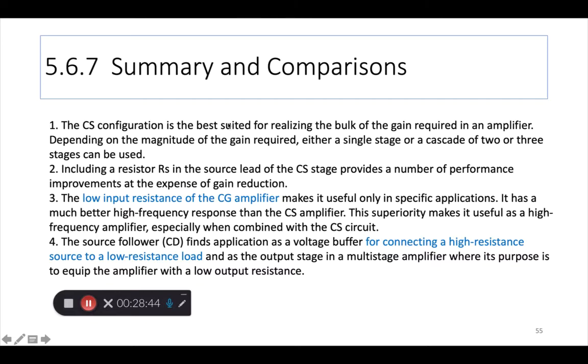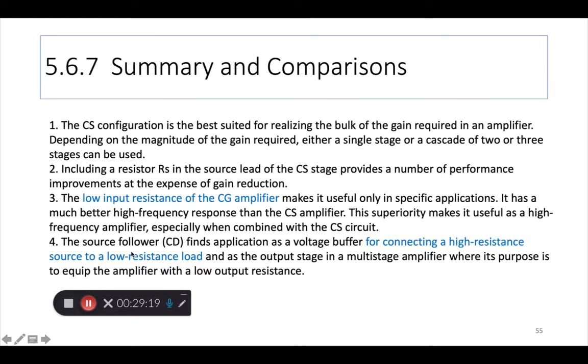But the CS amplifier can only work well when its input resistance is high, right? When the signal coming in is at a high input resistance. So you need something in the middle to match the two impedances, and that's where the CG amplifier is useful. Also, the high frequency response is better than the CS amplifier. So that makes it useful in some applications which we may see later on.